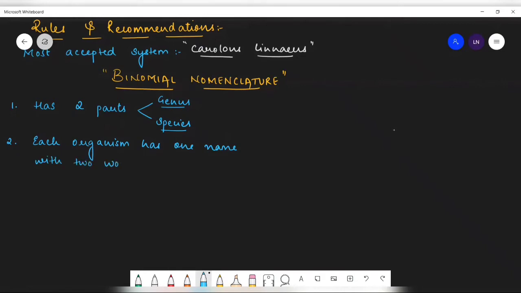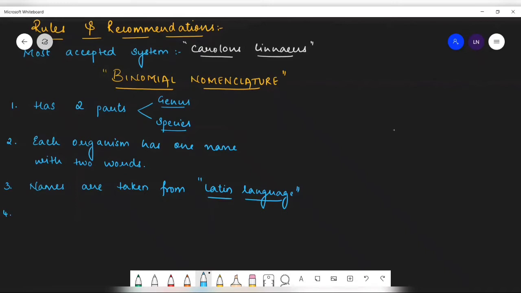And what are those two words? Genus and species. Now, from where are these names taken? They are taken from the Latin language.